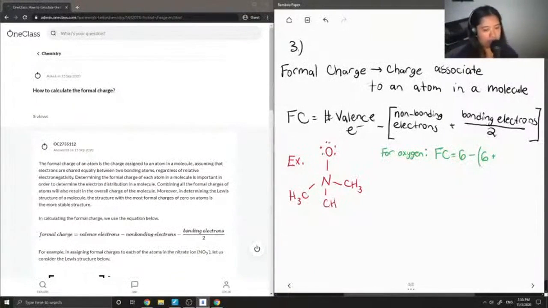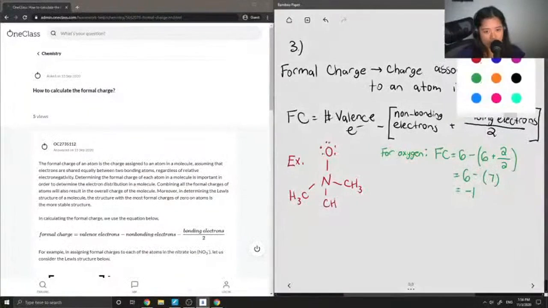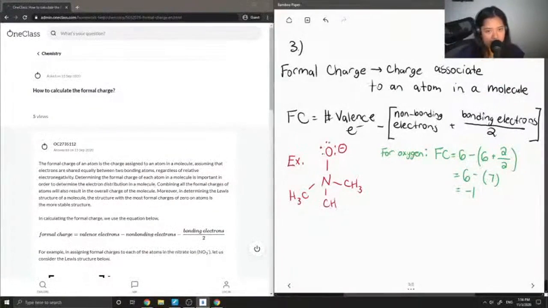There's a bond here that contains 2 electrons, so I'm going to write 2 divided by 2. So it's going to be 6 minus [6 plus 2 over 2]. So that is 7. So 6 minus 7 is equal to minus 1. So for oxygen, there's a formal charge of minus 1, so I'm just going to write a negative charge beside the oxygen.